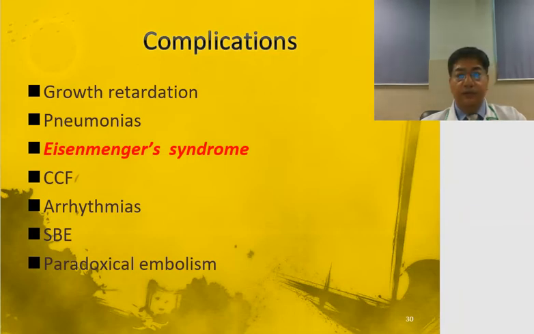So deoxygenated blood is mixing into the peripheral circulation, and it will manifest as cyanosis and clubbing, and it happens in a later stage of childhood.